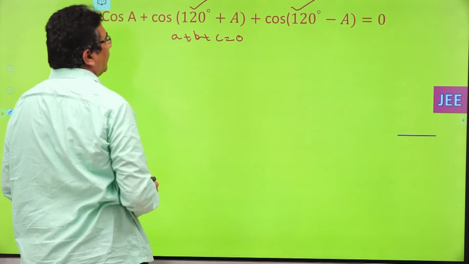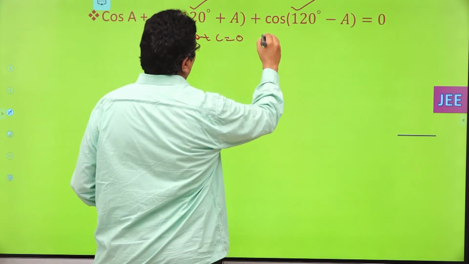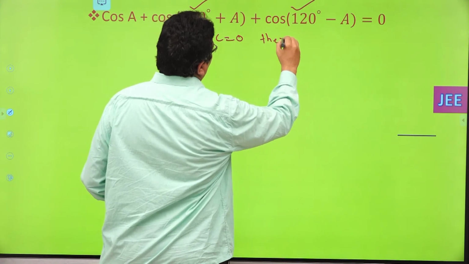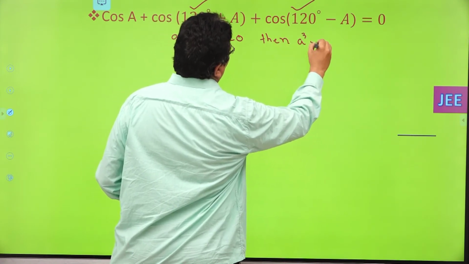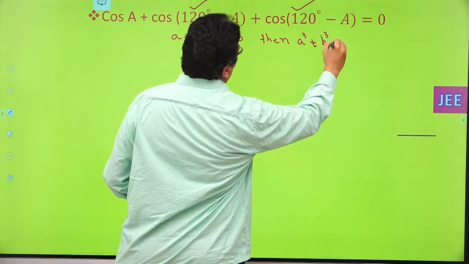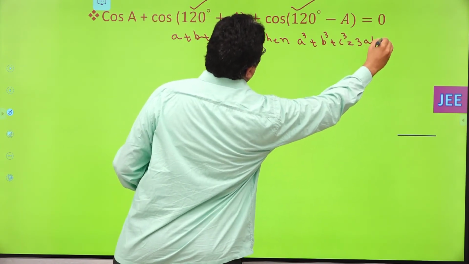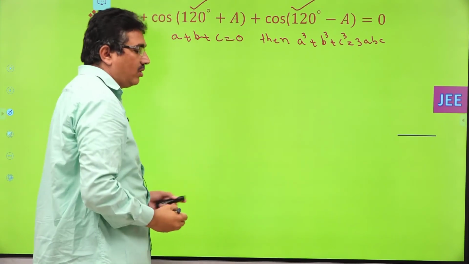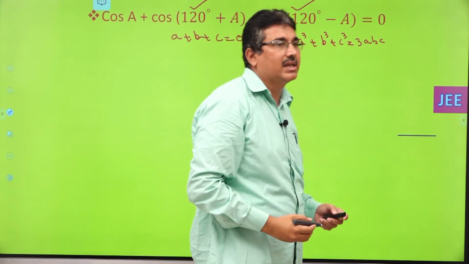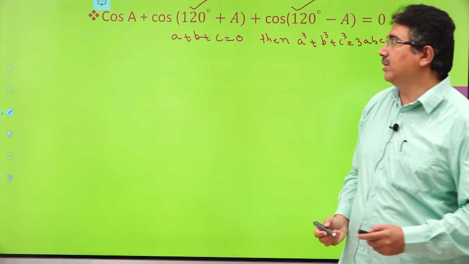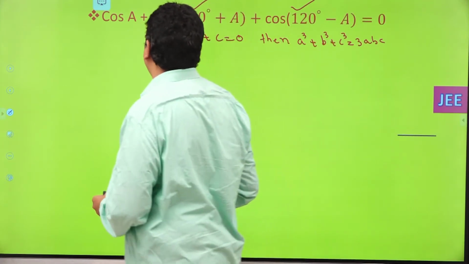Then if a plus b plus c equals 0, then a cube plus b cube plus c cube is equal to 3abc.